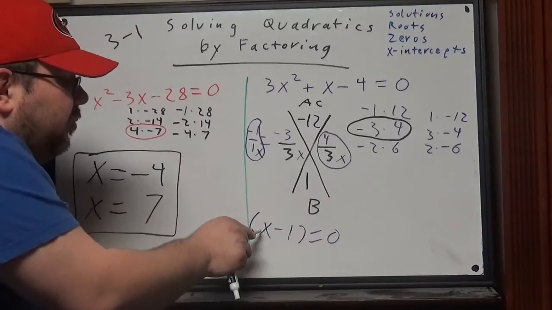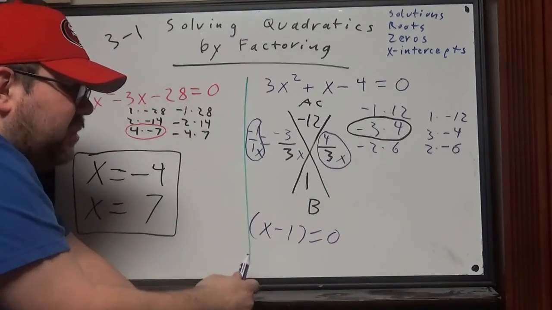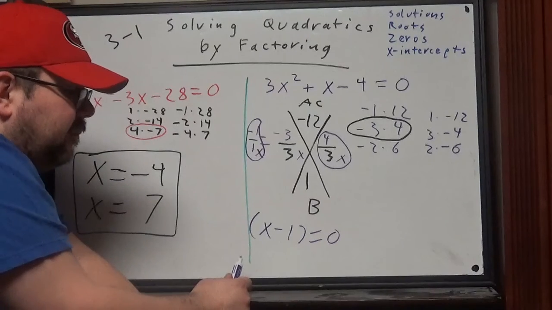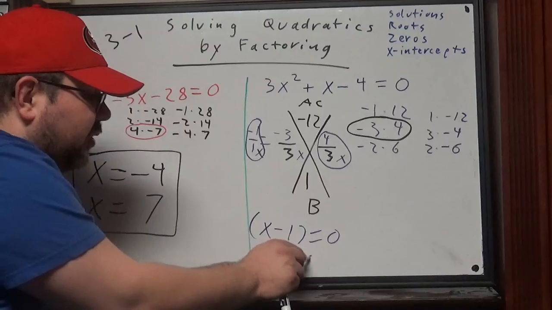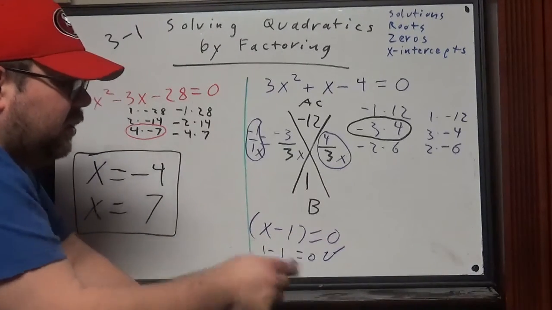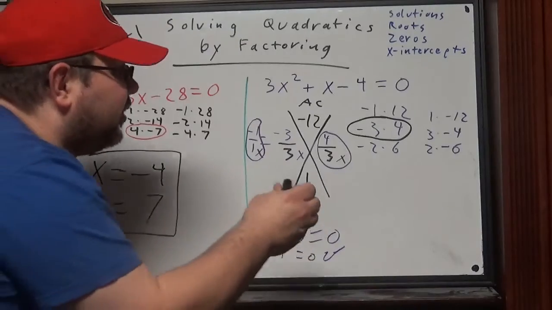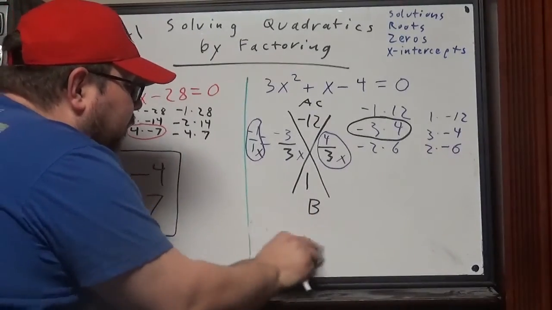Well, this is one of our factored forms. Of course, if I put a positive 1 in place of x, I would get 0. 1 minus 1 equals 0. That's a true statement. It's a check mark, by the way. So, of course, one of our answers then is going to be x equals positive 1.